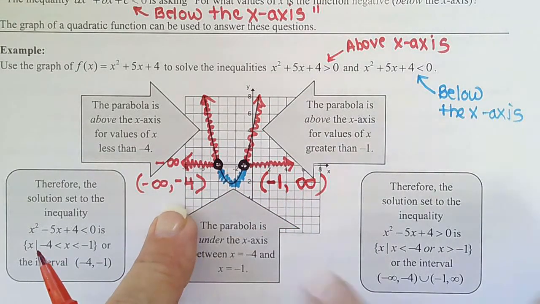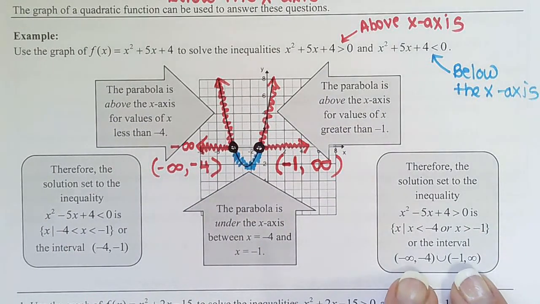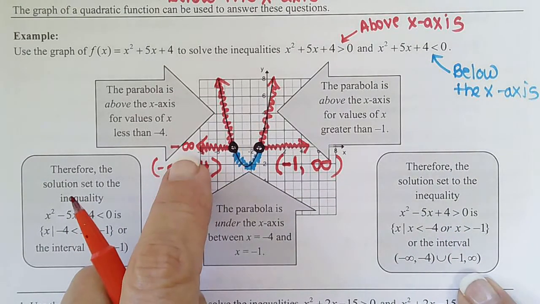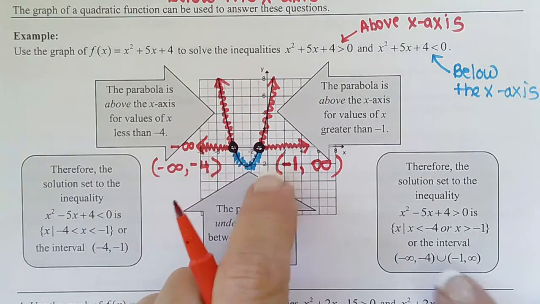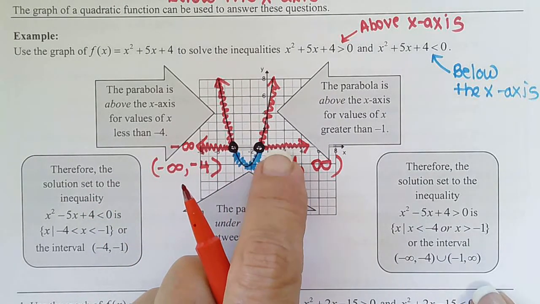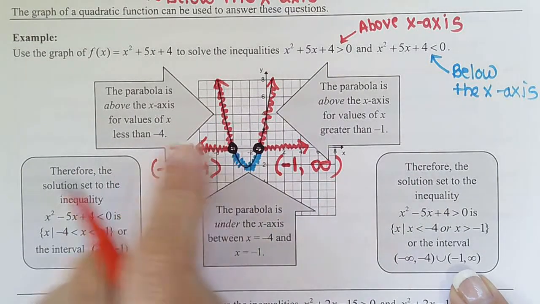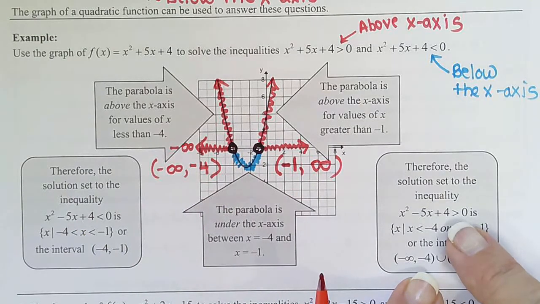So because we have two intervals, remember in chapter 6 how we learned to put the union symbol in between? So we would say the graph is above the x-axis from -infinity to -4, those x values united with -1 to infinity. So those are the two times for all those x values when the graph is above the x-axis.